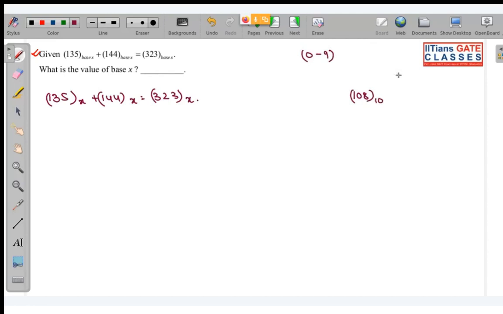So if I want to represent this number in its base form, this will be 1 into 10 squared. This is your hundreds place, tens place, unit place. So this will be 0 into 10 to the power 1 plus 8 into 10 to the power 0. So this will be 100 plus 0 plus 8. So this comes out to be 108. Similarly, why are you not sure?